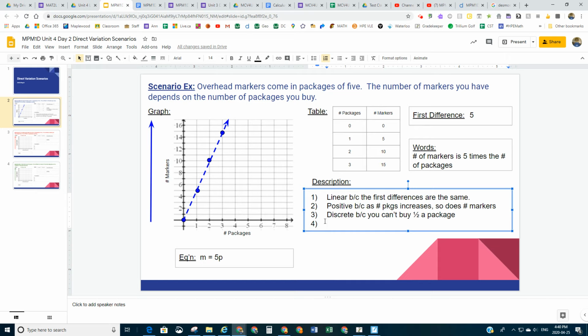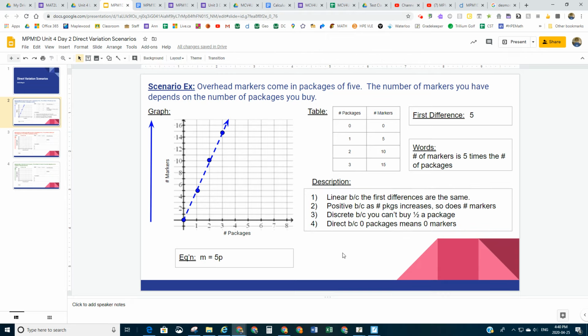Well, indirect would suggest there's a flat rate and would start up here. Direct means it's right here. So direct because 0 packages means 0 markers. Okay, indirect would be there'd be some sort of flat rate like the fare scenario, right? Where even though you ride no rides, you still increase.